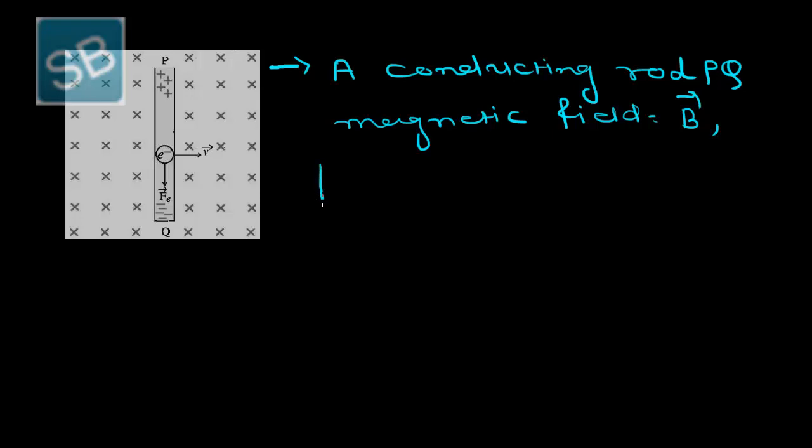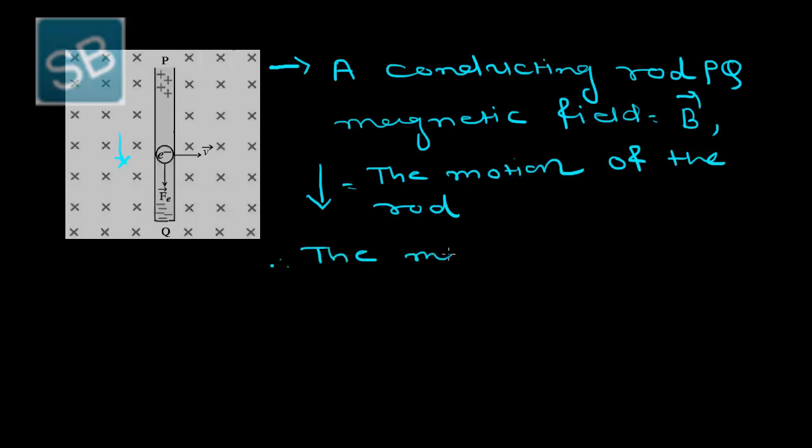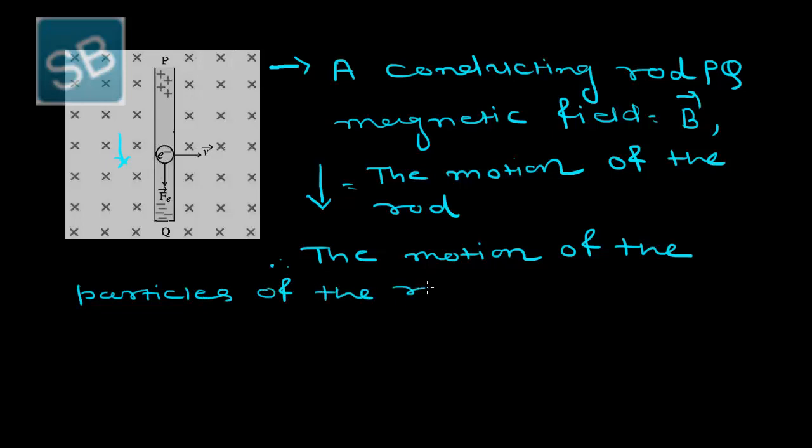Suppose the motion of the rod is downward, in this direction. So the motion of the particles is also downward.